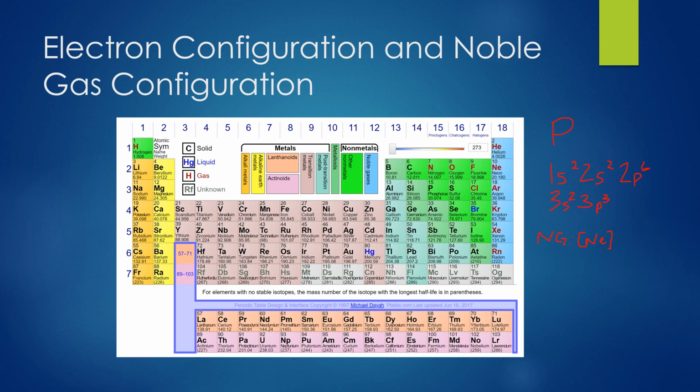And then we continue on our notation. So we do 3s2, 3p3. This is just a way to save time, but honestly, for starters, I would recommend writing out the entire electron configuration, because on the exam you can always save time by going back and writing the noble gas configuration.